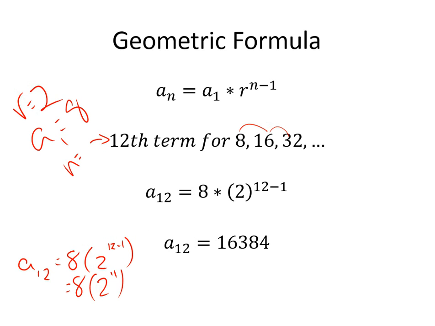And we end up getting 16384 as our number. So the 12th term is 16384. Pretty simple, right? It's just plugging into the formula and seeing what you get. So that's to find any term in a geometric sequence.